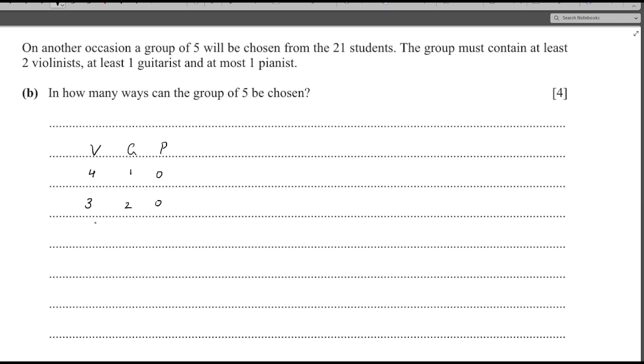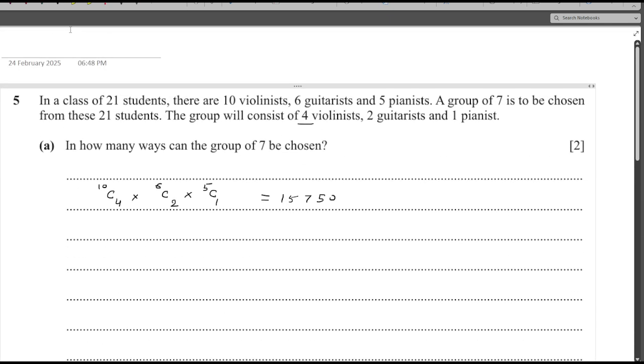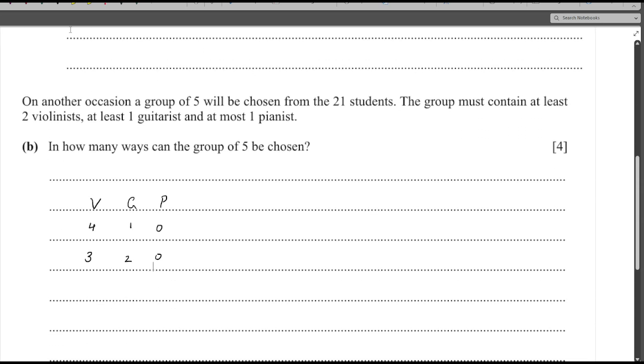Or I have another case. If we see, there are 6 guitarists and 10 violinists, so I have a sufficient number. So now the third case will be, I will choose 2 violinists and 3 guitarists. Pianist will be 0. Next, I have 1 pianist.